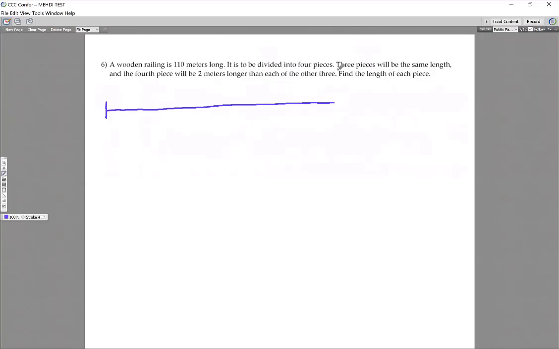We're told 3 pieces with the same length. So 1, 2, 3, and then we're told that the 4th piece is 2 meters longer. This is not drawn to scale, but let's just say that this is our fourth piece. So we're told that the fourth piece is 2 meters longer than each of the other three. So we can set that up to be x plus 2.